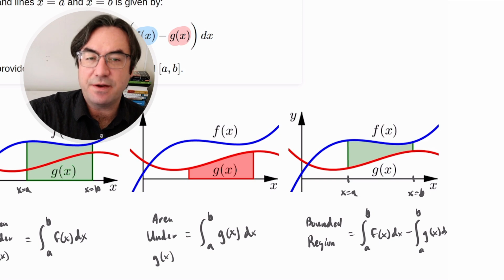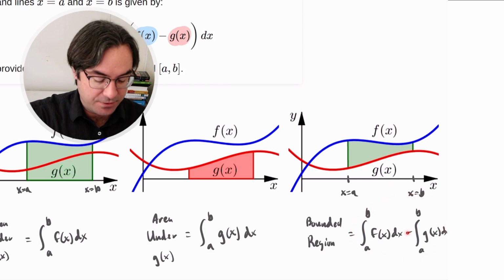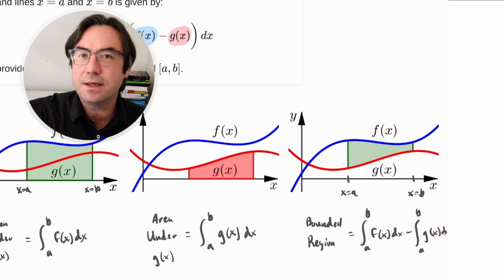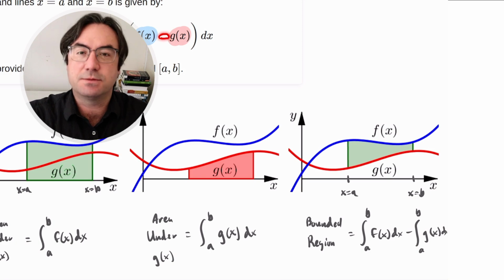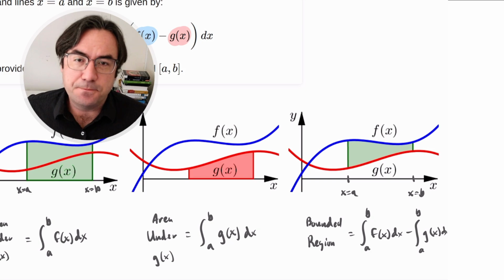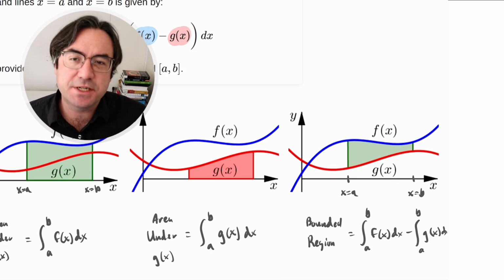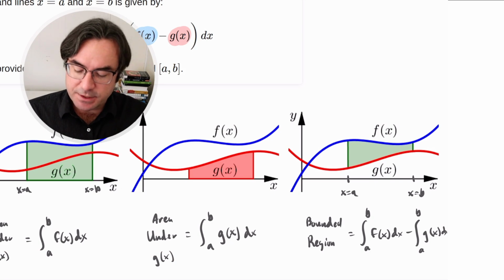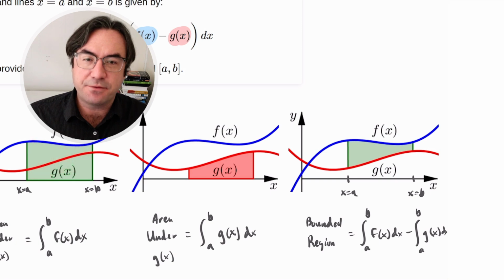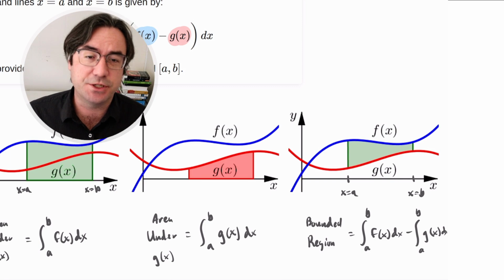And we have a nice property of definite integrals that when we have two separate definite integrals like this, and they're separated by subtraction, we can combine them into one definite integral where we have just the subtraction in between the two functions. All right, so little backstory there on where this formula comes from. Not an entirely rigorous proof, but just to give you some idea. Essentially, we're taking the region that's completely under f, and we're cutting out the region that's also under g, the area of the region that's also under g.